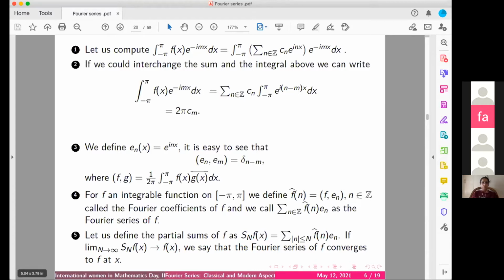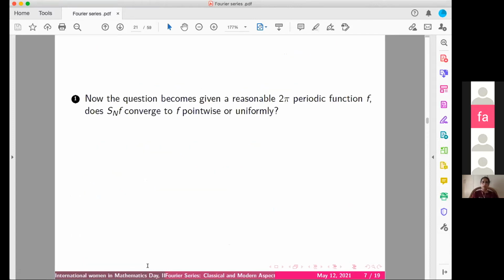Now we say that if these partial sums, as N tends to infinity, converge to f at x, then the Fourier series of f converges to f at x. Okay. And now the question becomes: given a reasonable 2 pi periodic function, does SN of f converge to f pointwise or uniformly? So this simplifies our question a little bit, but the answer is not simple.